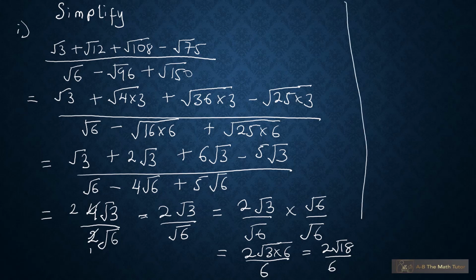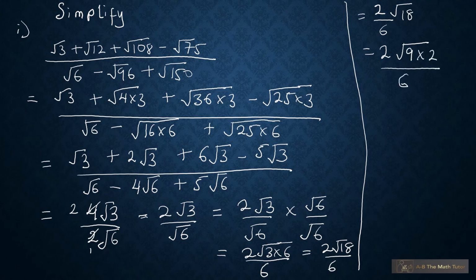So we have 2 over 6 times root 18, and root 18 can be written as root 9 times 2 all over 6.